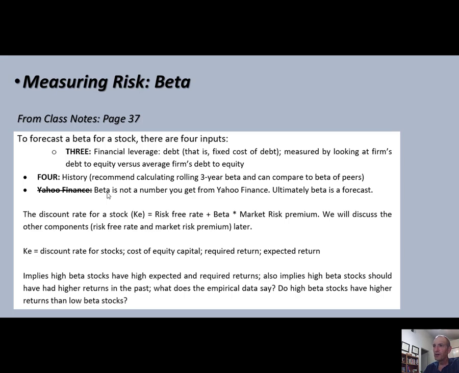What's wrong with that? Well, take Walmart. There was a point in time where Walmart's beta on Yahoo Finance was a negative number, like negative 0.15. That might have been right because in 2008 they did great when the stock market fell 30-something percent. But going forward, I have a tough time believing that Walmart has a negative beta, that they will actually soar during weak markets.